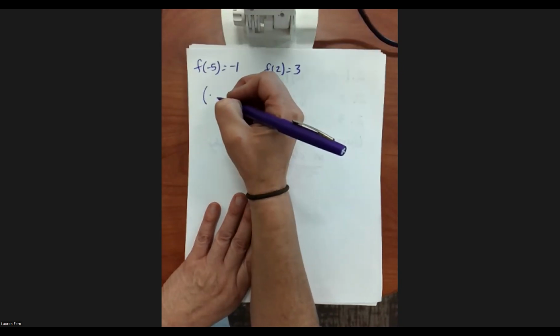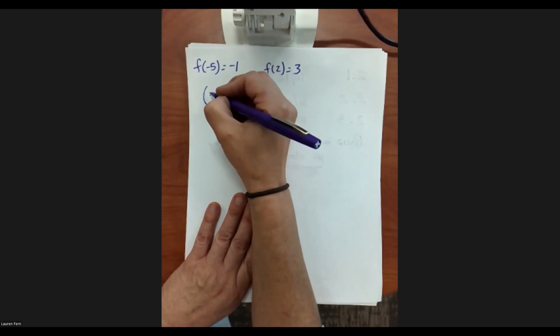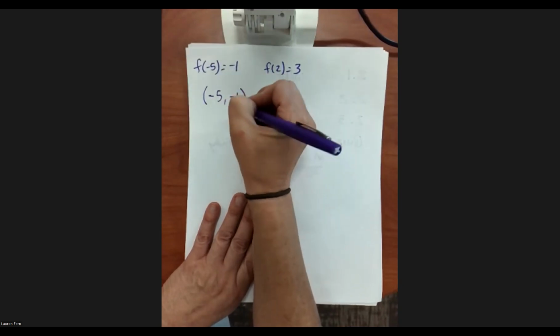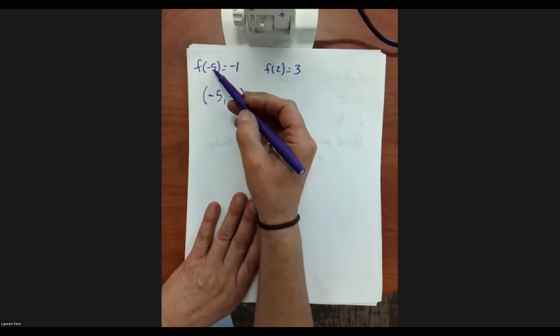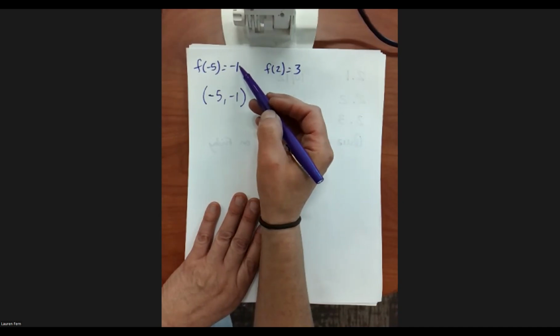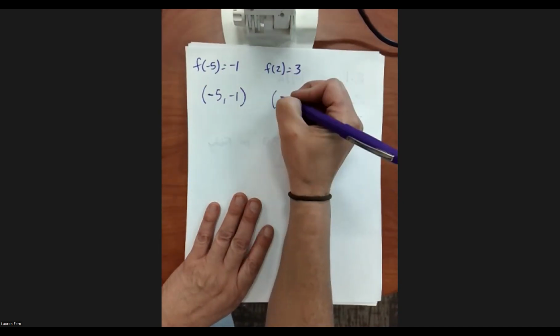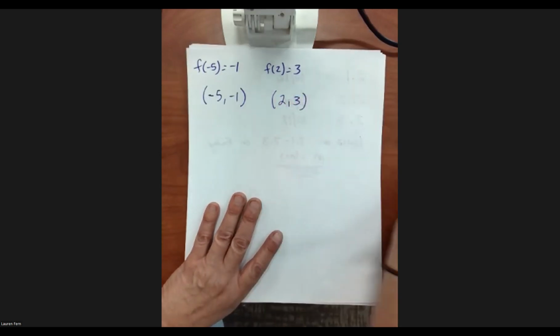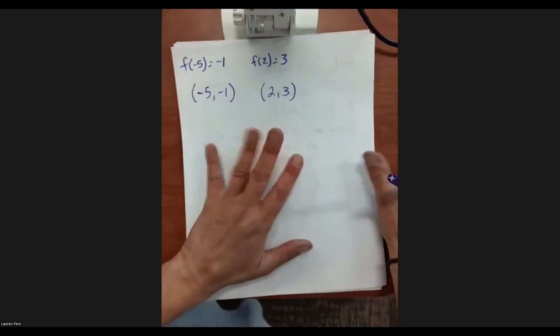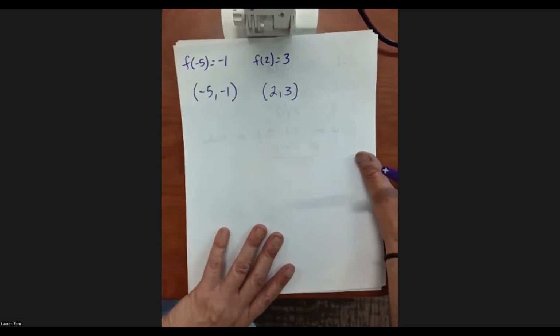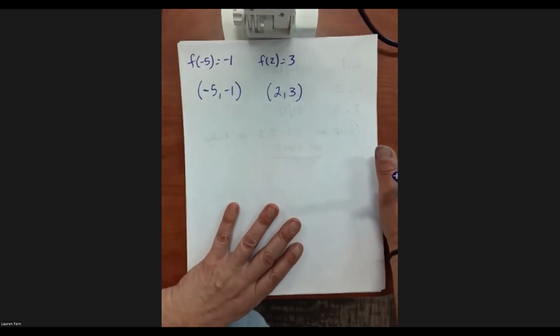Be careful. Other way. -5, -1. Good. Right? This is your input. That's your function value. And then this one is 2, 3. This question was asked of me outside of class, so I thought I'd start out class doing it.